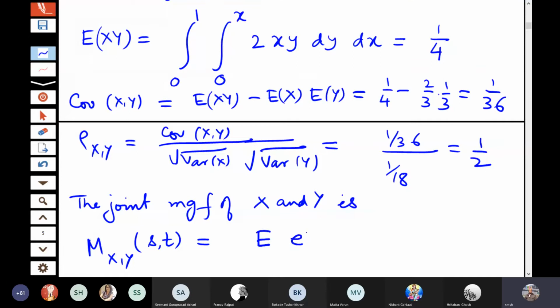It is expectation of e to the power sx plus ty. If you remember the MGF of one random variable, it was defined as expectation of e to the power tx. So now it is expectation of e to the power sx plus ty.